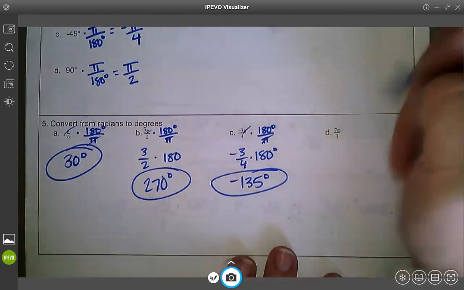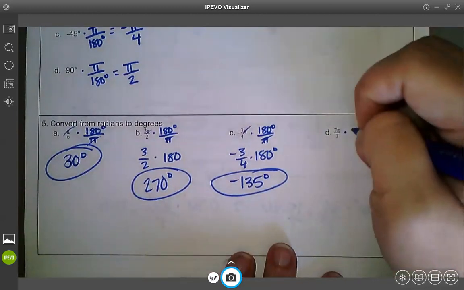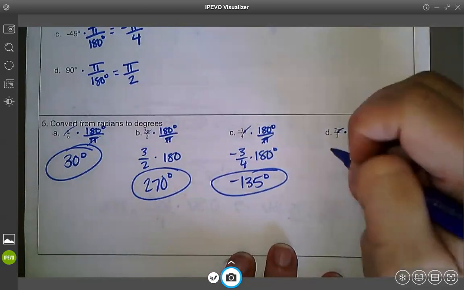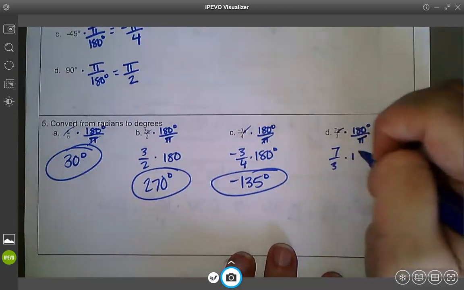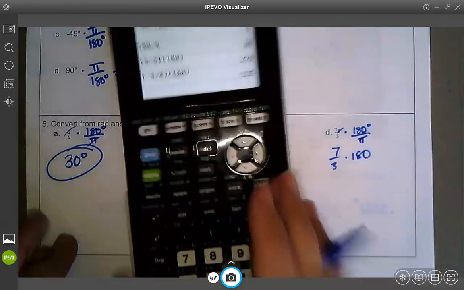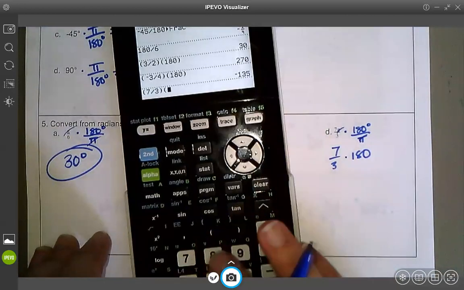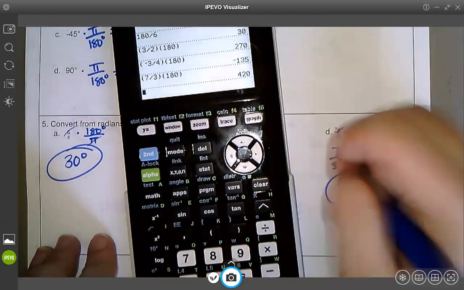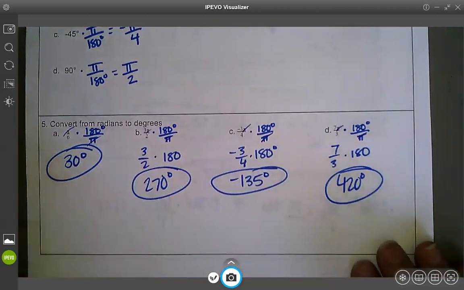And then that last one, 7 pi over 3 times 180 over pi. You're saying 7/3 times 180, which is 420 degrees. Questions on those?